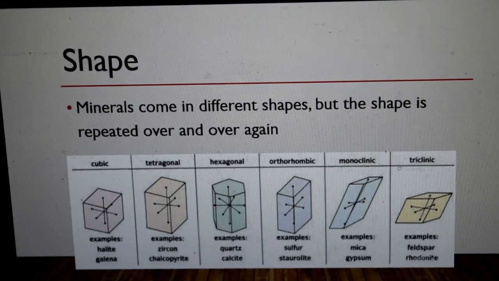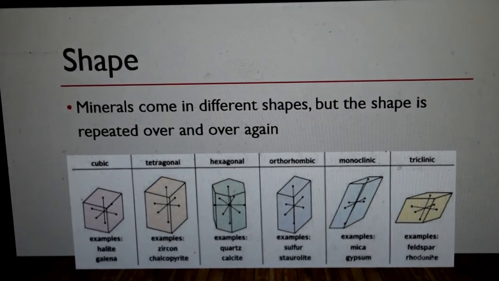Minerals come in different shapes, but the shape is repeated over and over again. In some minerals, like halite and galena, they come in a cube. The crystals form a cube, and they're cubed throughout any example you find. Then things like zircon and chalcopyrite come in more of a tetragonal shape, so that's more of a rectangular cube.